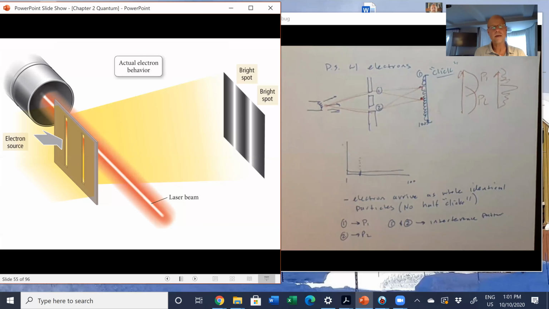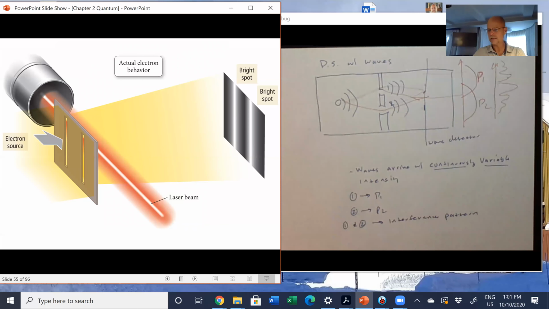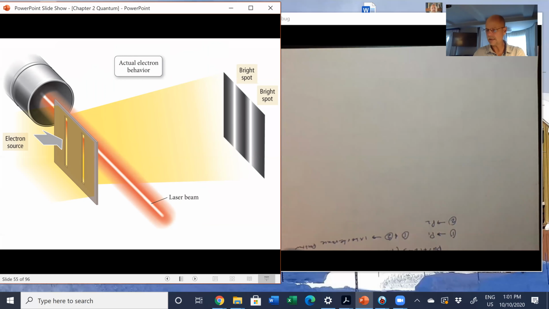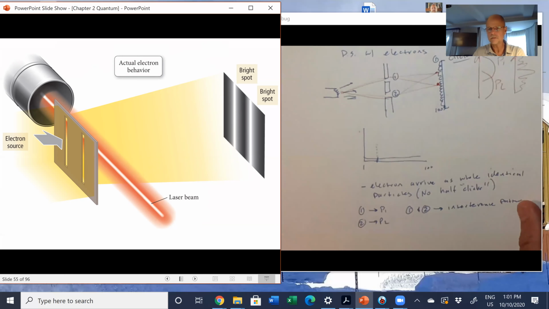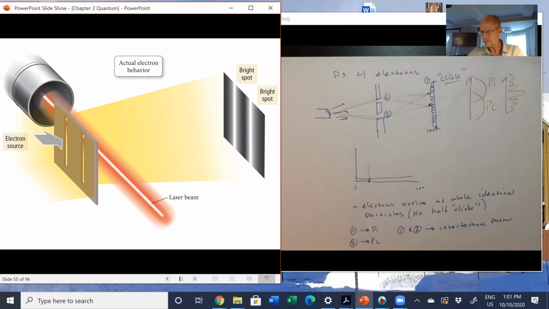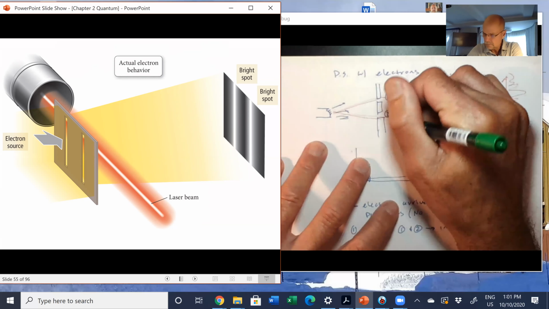Well, turns out there's a way we can test that hypothesis. What we can do is we can set up a laser. So if we have our, well, let me just go back to this drawing. We can set up a laser right here.